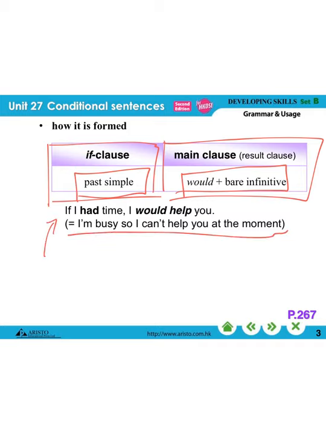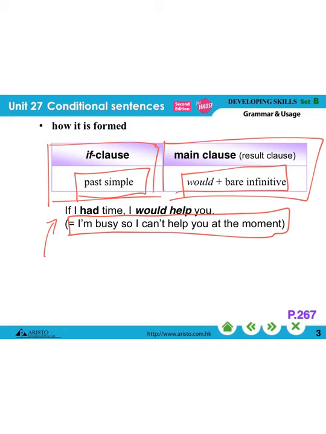Let's take a look at this example here. This is the real situation: I am very busy, and that's why I cannot help you at the moment. In this case, we have to use conditional type 2 to talk about this imaginary situation.